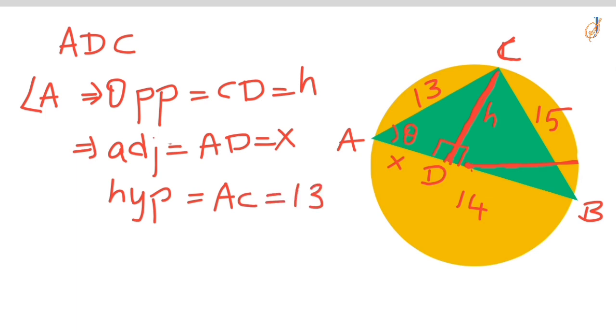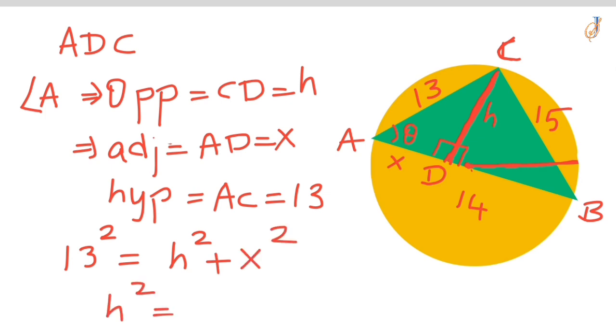ADC is a right angle triangle, so we can use the Pythagorean theorem here, which is hypotenuse square equal to opposite square plus adjacent square. So that is 13 square equal to H square plus X square. So H square equal to 13 square, which is 169, minus X square. Consider this as equation 1.